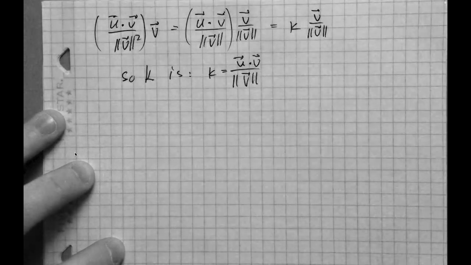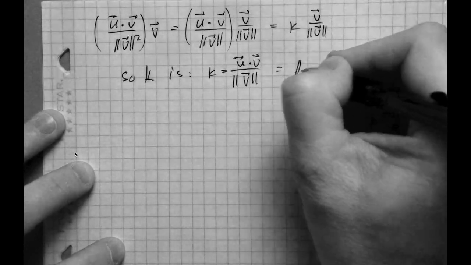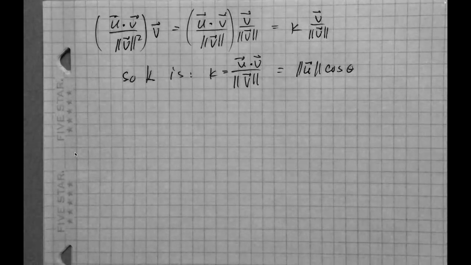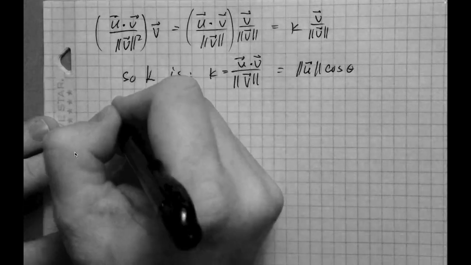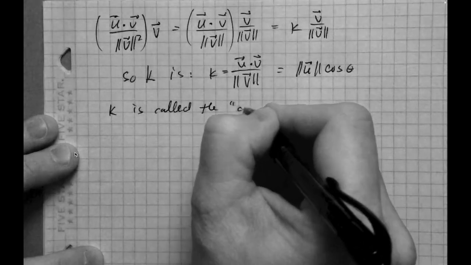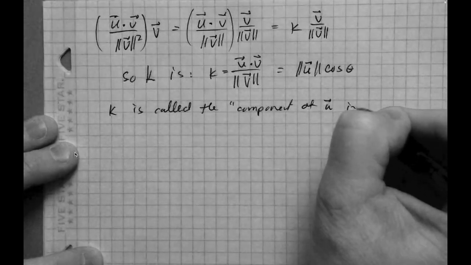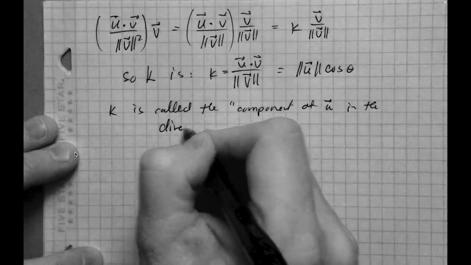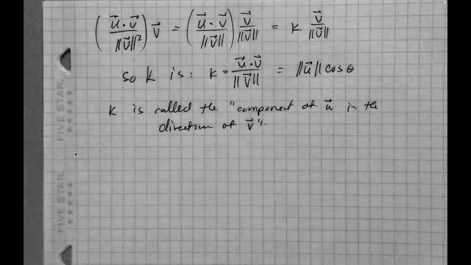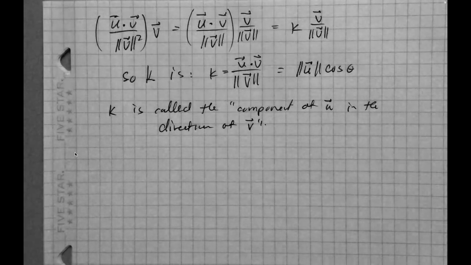That's what we see right above here. And we know that's equal to the norm of U times cosine of theta. Okay, and what we say here is that K is called the component of U in the direction of V. Okay, and that's what that scalar is called.